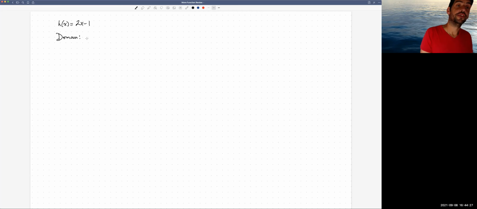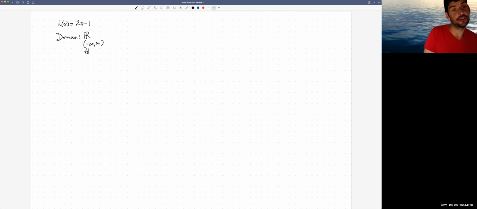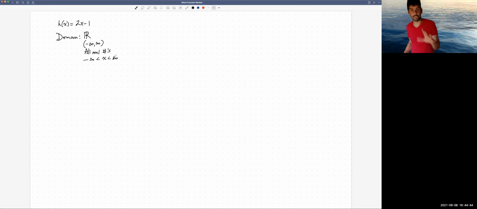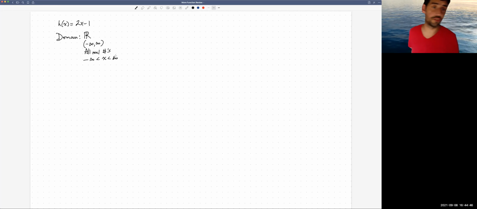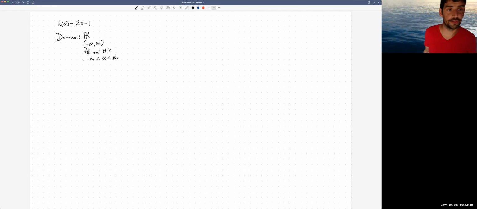So this domain is all real numbers, right? So I can write it this way, I can write it this way. I can say all real numbers. I could say x between negative infinity and infinity, right? These are not all required. Any one of these 4 notations is perfectly fine for this.